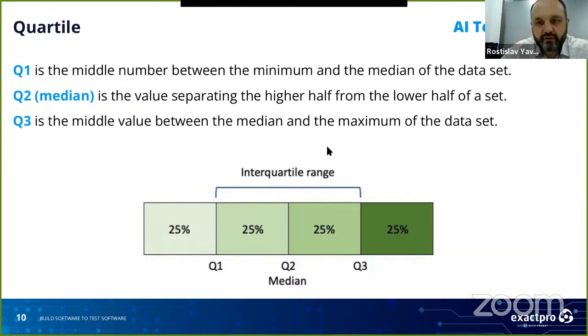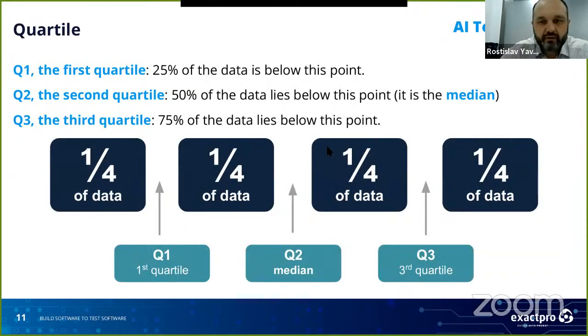Because this is a really important notion, let me spend a couple of minutes more on this definition. Once you have Q1, it means that 25% of your data, a quarter of your data, is just below this number.